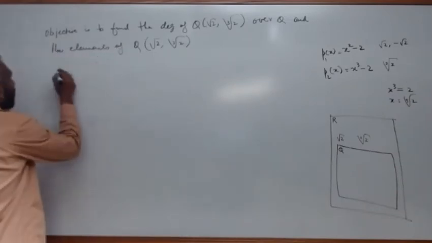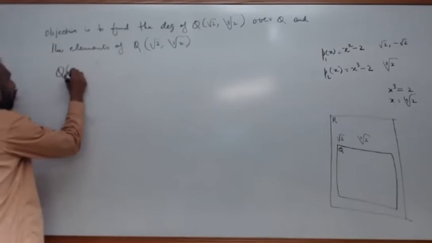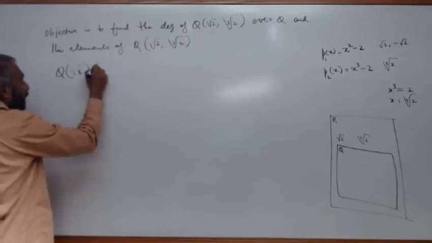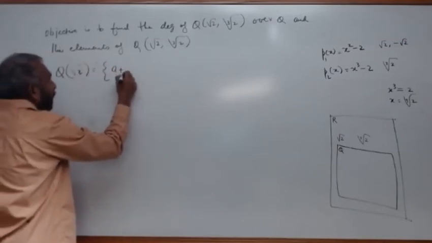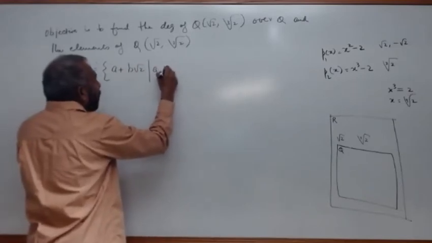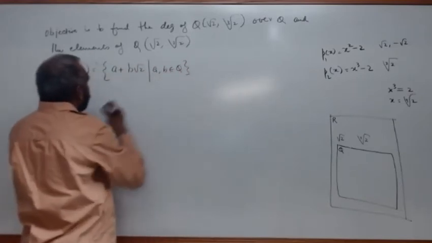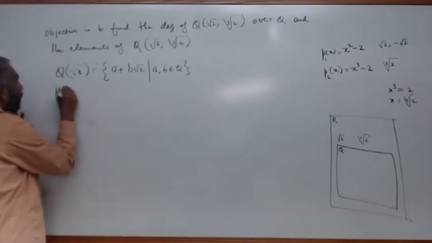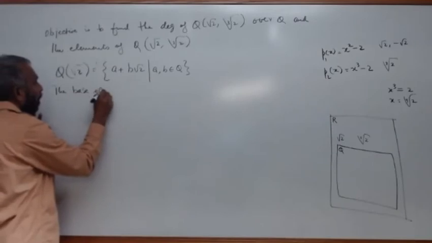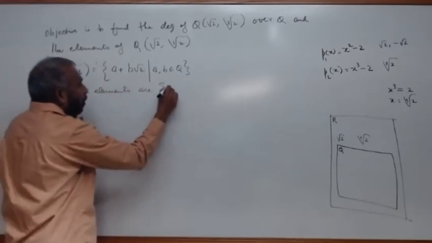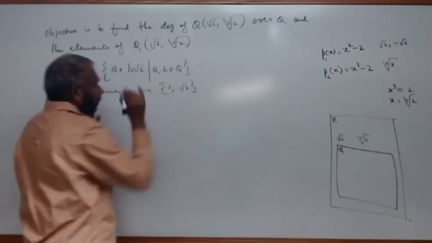And what is actually Q(root 2)? Q(root 2) is generated by a + b root 2, with a, b in Q. Or you can say the base elements are 1, root 2.